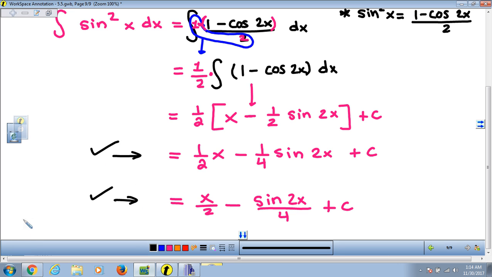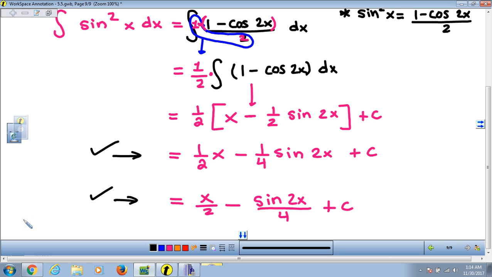On a multiple choice test, it depends what kind of problem you have, right? But there will be this kind of problems in this section where you have to use trigonometric identities to be able to integrate a function, because there's not going to be such a formula for doing it directly.